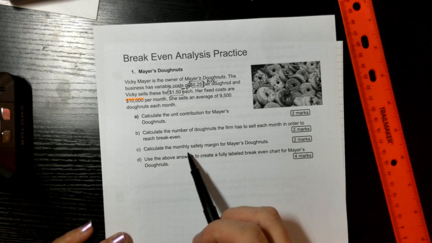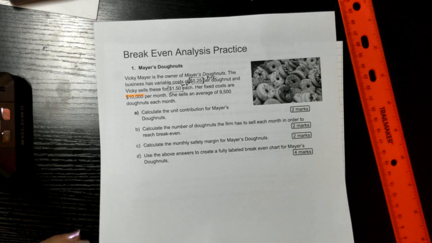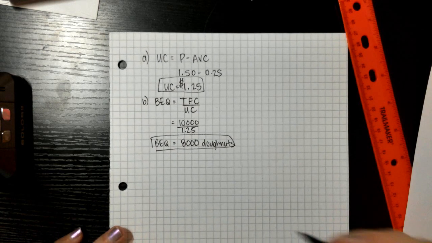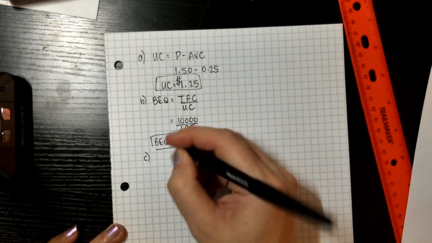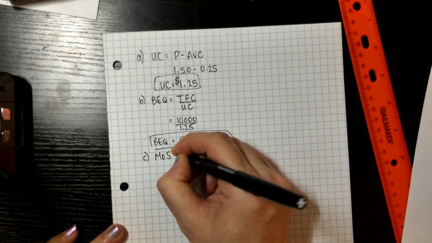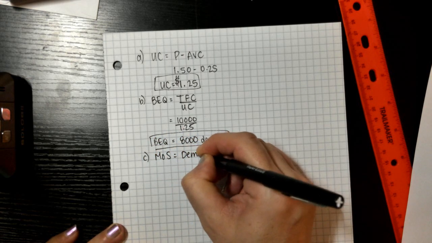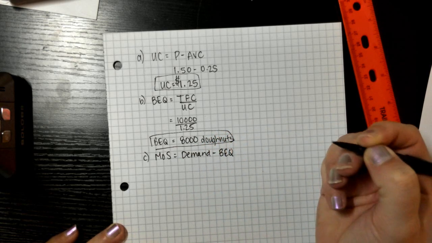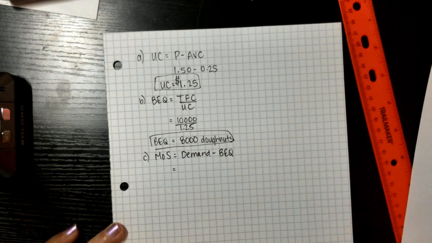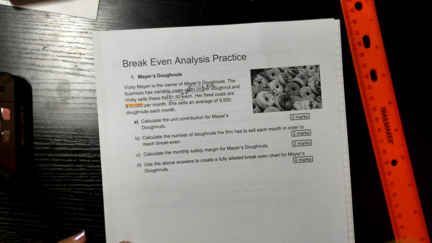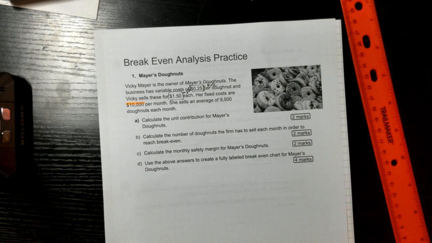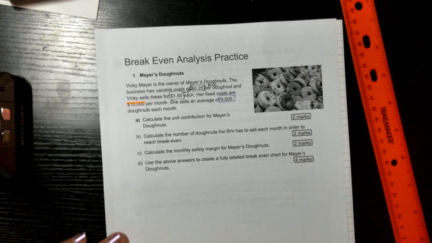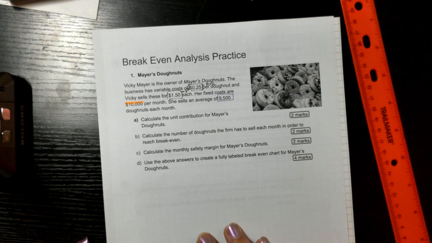Calculate the monthly safety margin for Myers Donuts. Okay, so that's just asking us to do the margin of safety. And as we learned in the slides, margin of safety is the demand, how much they're actually selling, minus the break-even quantity. In this case study, demand is given to us as 9,500. She sells an average of 9,500 donuts each month.